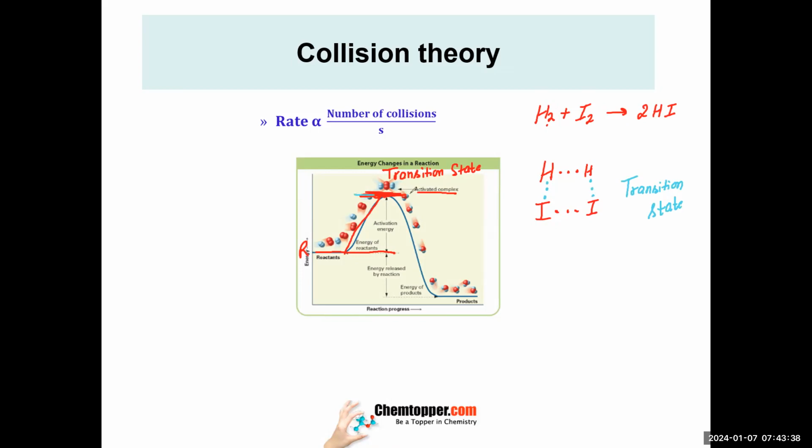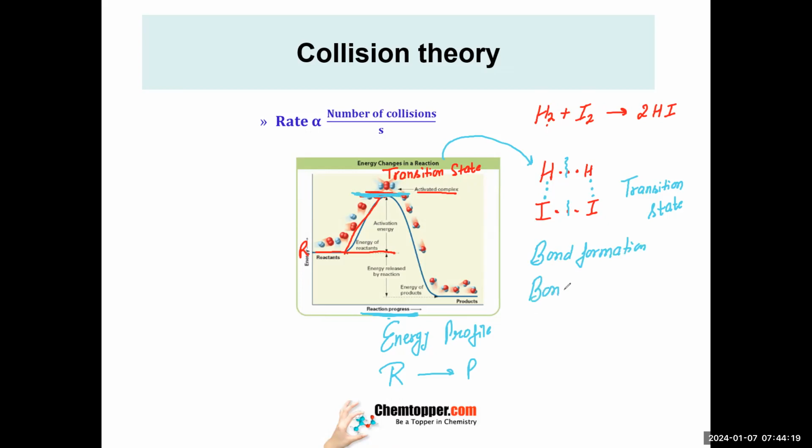It is the highest energy state of an energy profile. Energy profile means reactant to product, how the energies are changing, the progress of the reaction. At that time, the first step is breaking these bonds and forming of new bonds. So the highest energy state represents the transition state where bond formation and bond breaking are happening.